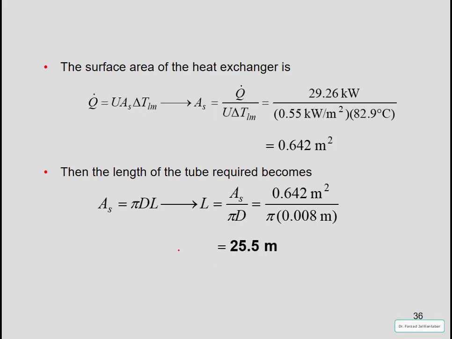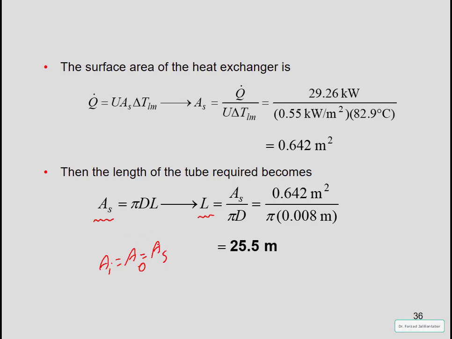Okay, let me just show you something at the end of the answer. As I mentioned, it was also mentioned in the question, the tube is a thin wall tube, so the AI and AO, which are the surface area of the inner tube, will be equal to AS as an effective surface area for the heat transfer.